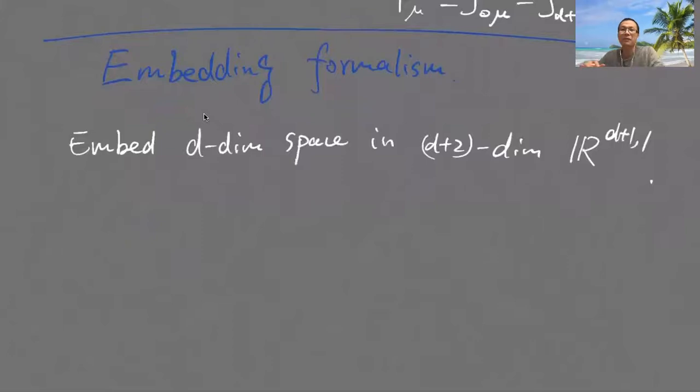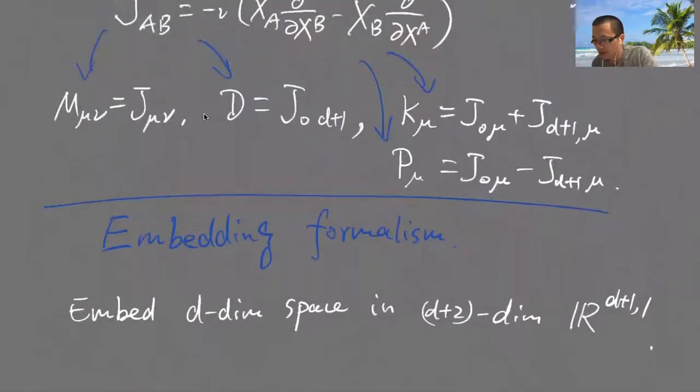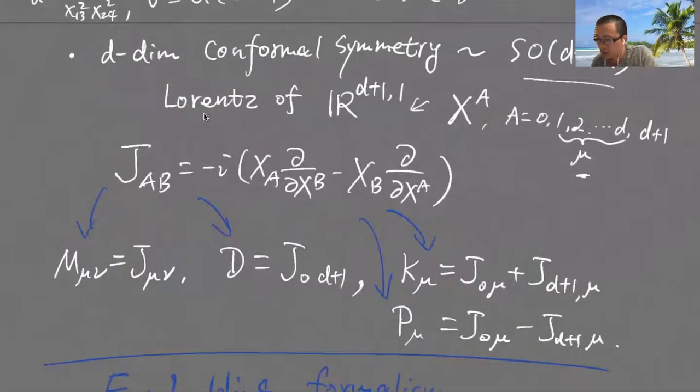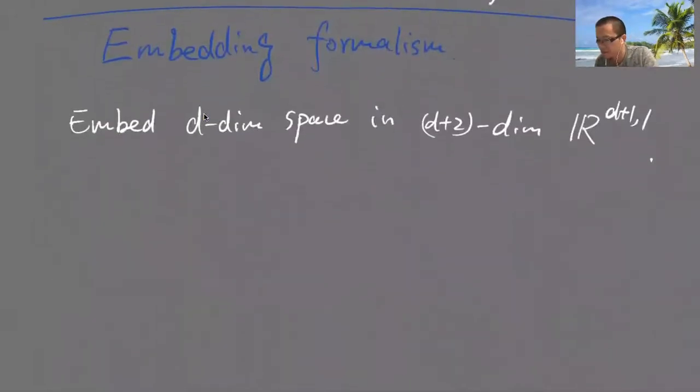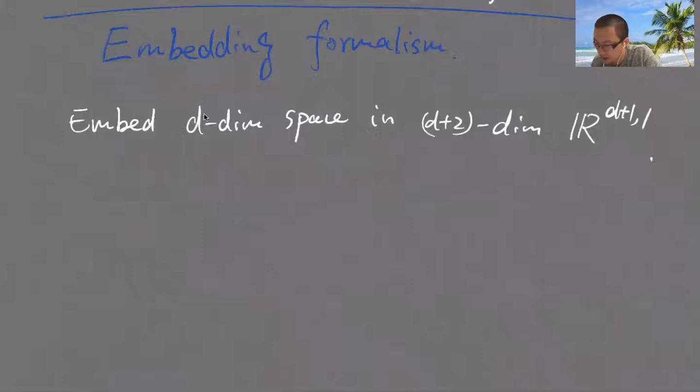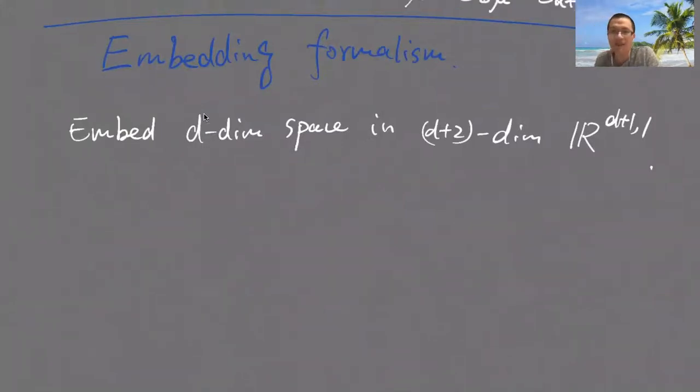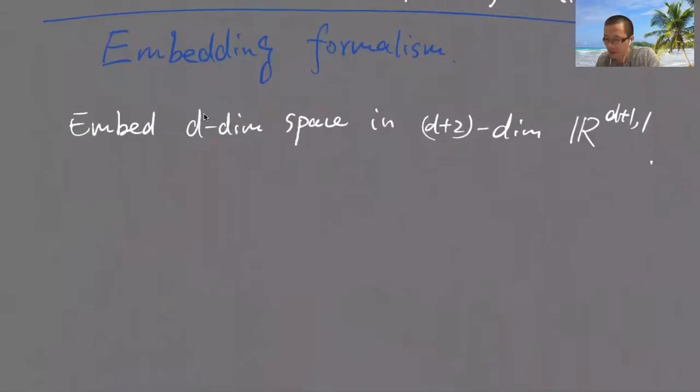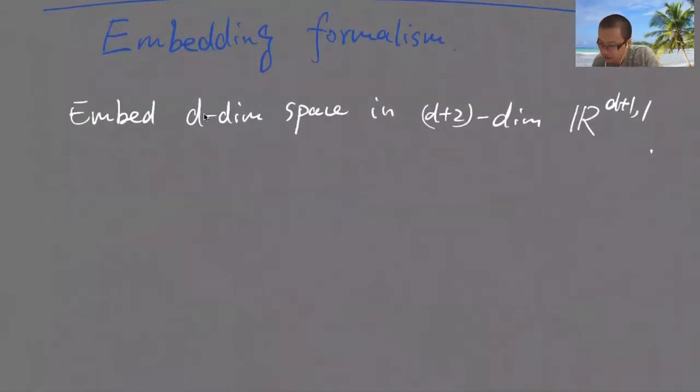Roughly speaking, we need to impose two conditions, and those conditions should naturally preserve this Lorentz symmetry. One of them is simply the light cone condition.